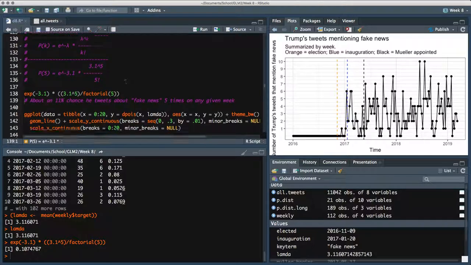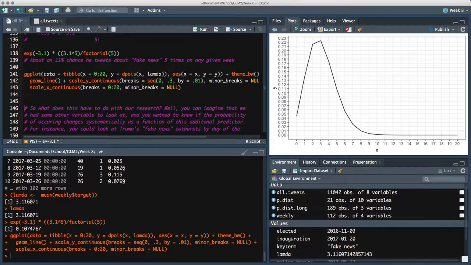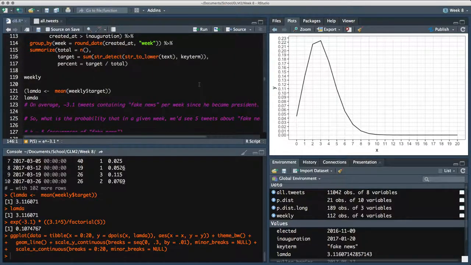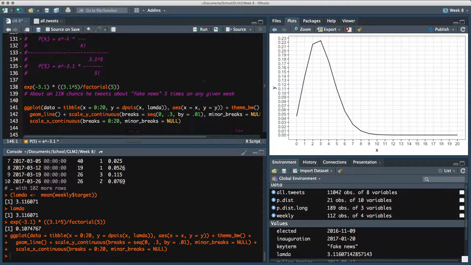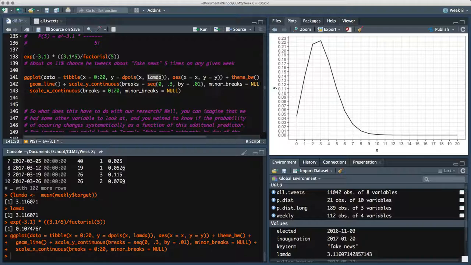When we plot that out, all I've done is take that same plot from before and specify only one value of lambda, which is that 3.12-ish. And when you look here, you can see that this is the probability of 5 occurrences right here. If we follow that up, it's right about 11%.